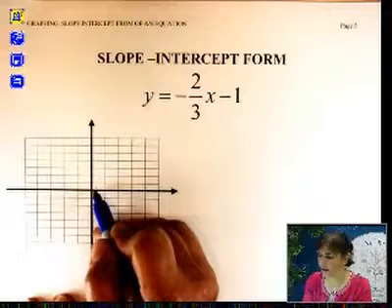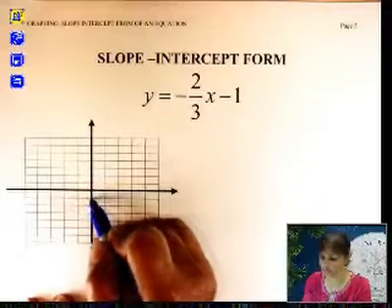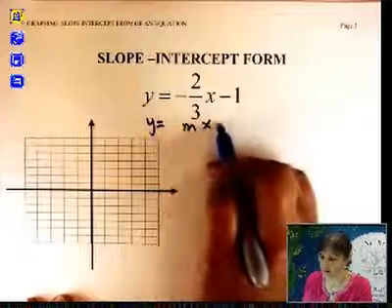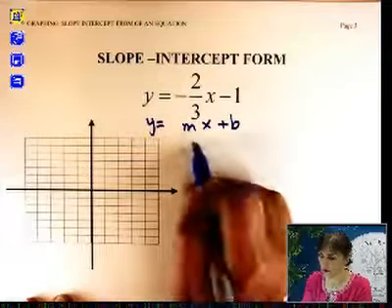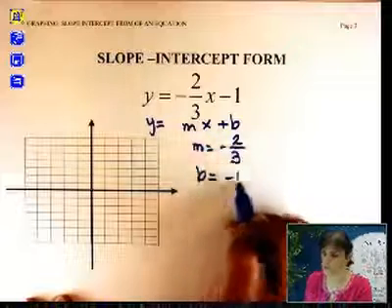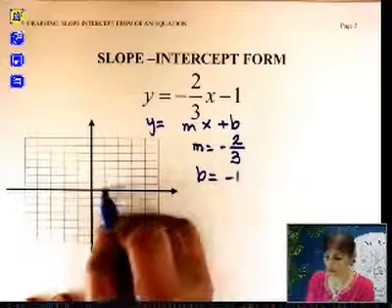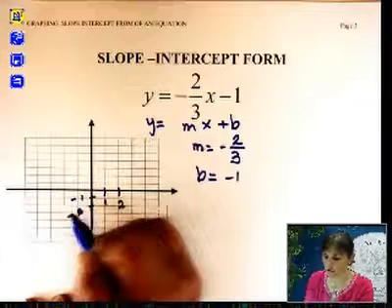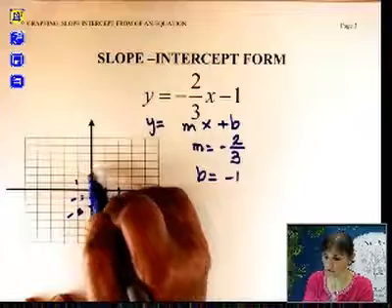Now let's go negative. Let's match the letters and numbers. m equals negative 2/3. b equals negative 1. No problem. Here's 1, 2. Here's 1, 2. Here's 1, 2.